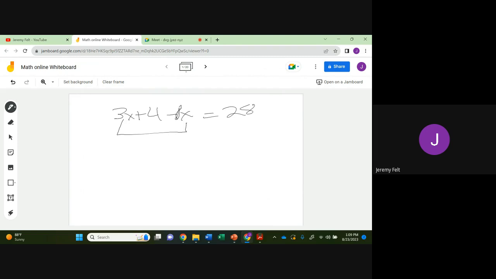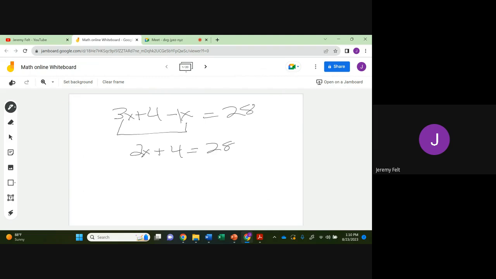We normally don't, but if we want to write in a 1, minus 1x, we can do that. If I have 3 of something, I take 1 away, I'm left with 2. So it's 2x, still plus 4, equals 28.